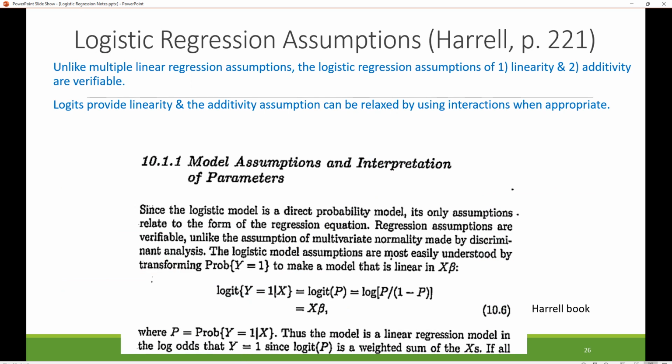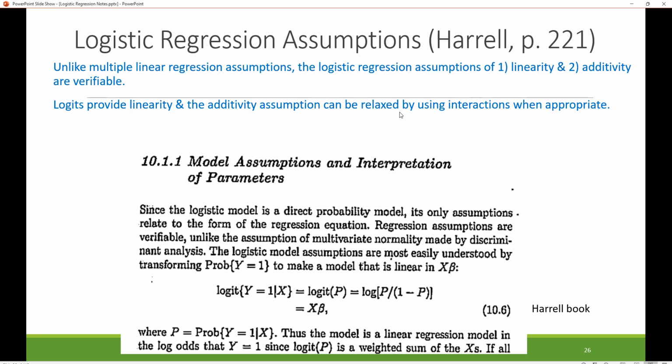And so we do have some regression assumptions in logistic regression. Unlike multiple linear regression assumptions, logistic regression assumptions of linearity and additivity are verifiable. Logits provide linearity, and the additivity assumption can be relaxed by using interactions when appropriate.